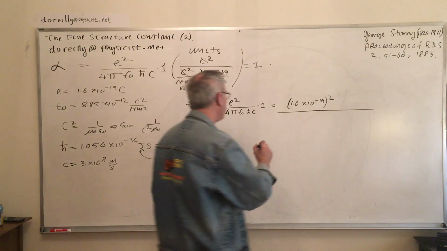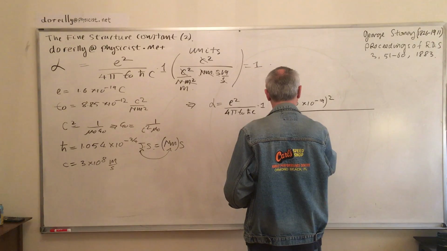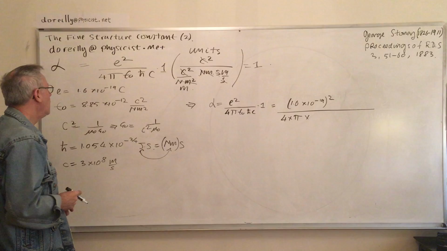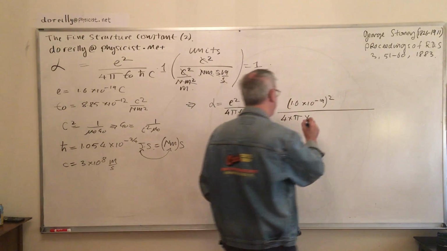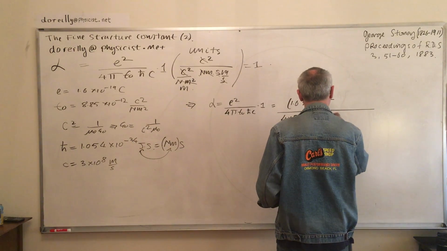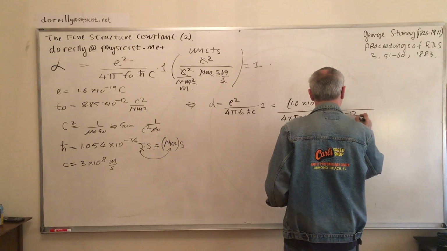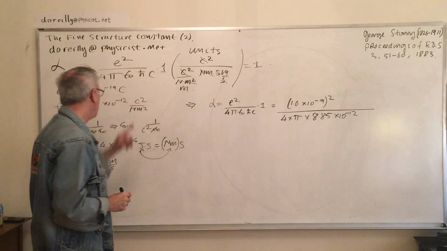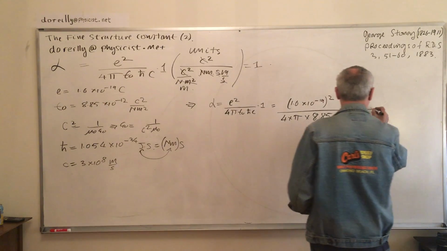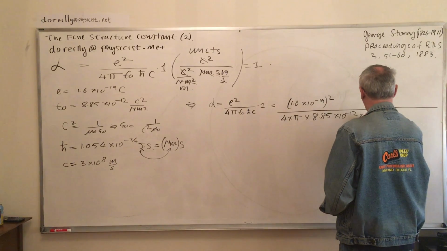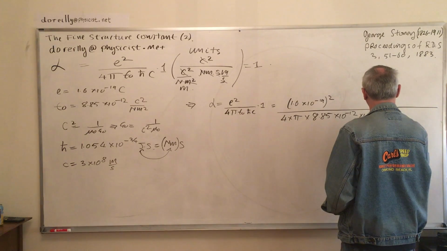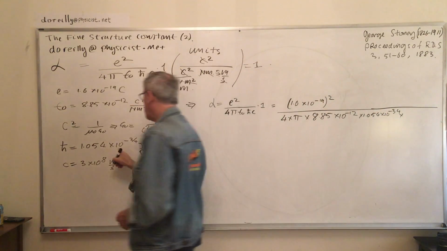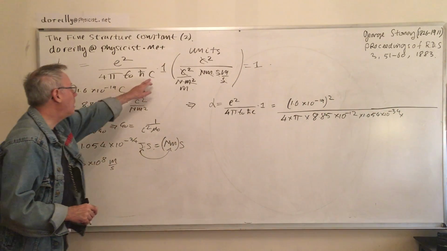We have 4 times 3.141, whatever it is, epsilon 0, 8.85 times 10 to the power minus 12, h cross, 1.054 times 10 to the power minus 34, and c.